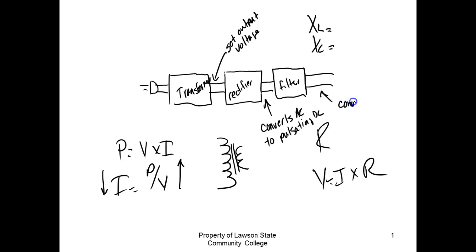It converts pulsating DC into unregulated DC. And what do we mean by unregulated? Right, it means it won't maintain a constant output when you put varying loads on it.